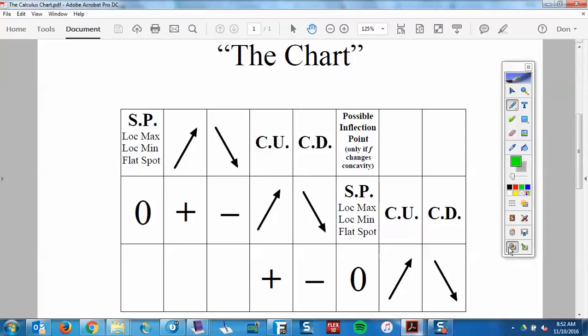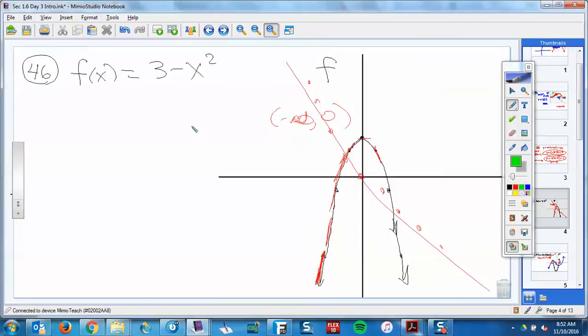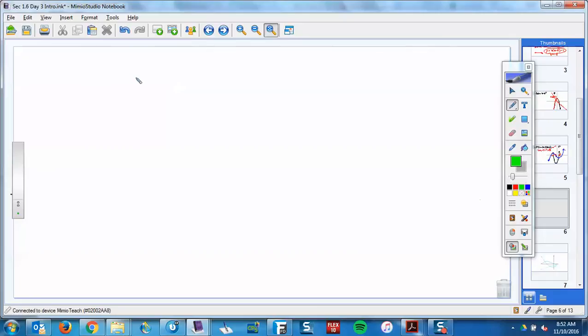On page 65 they make a comment that if a graph is concave down, then the tangent line is going to be above it, and if a graph is concave up, the tangent line would be below it. Just kind of common sense because of the curvature of it.